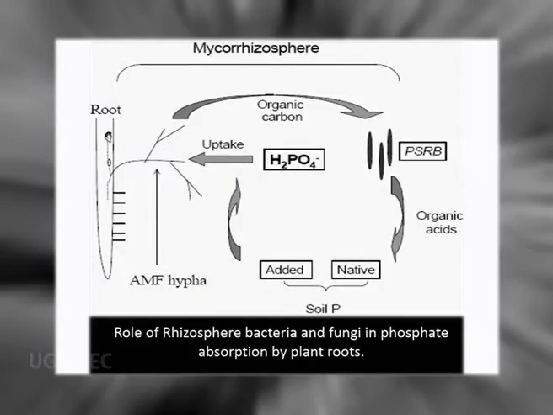In the same way, there may be the rhizosphere mycorrhizal fungi which will again solubilize this orthophosphate and supply it to the root. So rhizosphere microscopic organisms are very important for the interconversion of insoluble phosphate to soluble phosphate, or rather, I must say, it is the transfer of phosphorus from the abiotic to the biotic phase.